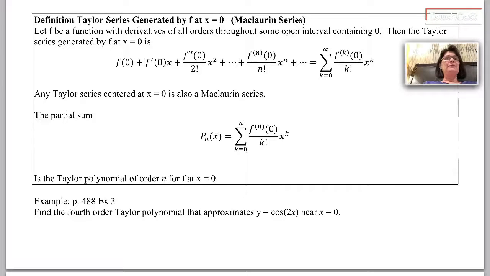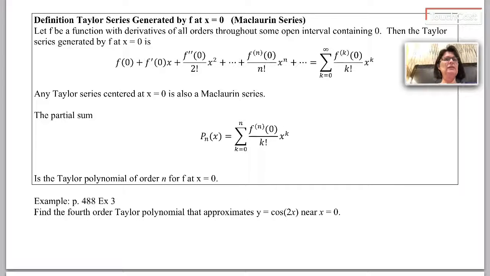But this is always going to be true. If you want a polynomial function to approximate some more complicated function, and as long as the derivatives of the function that you're trying to approximate exist on some interval that has 0 as the center, then you can write a series in this form.